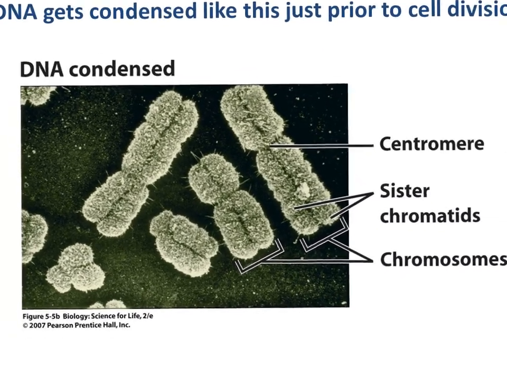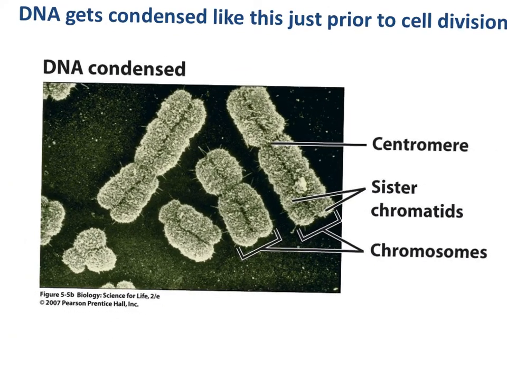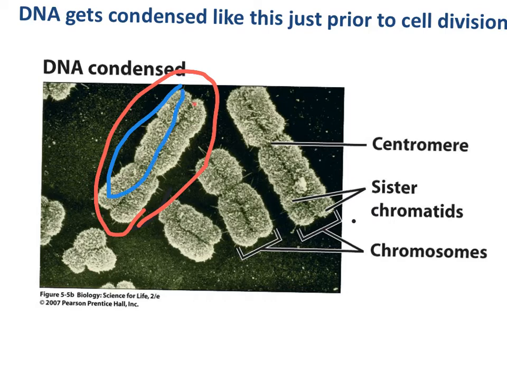So here we have the condensed DNA, and the whole chromosome is this whole thing. The chromatids are these separate things, one from mom and one from pop. And then the centromere is in the center that ties them together.